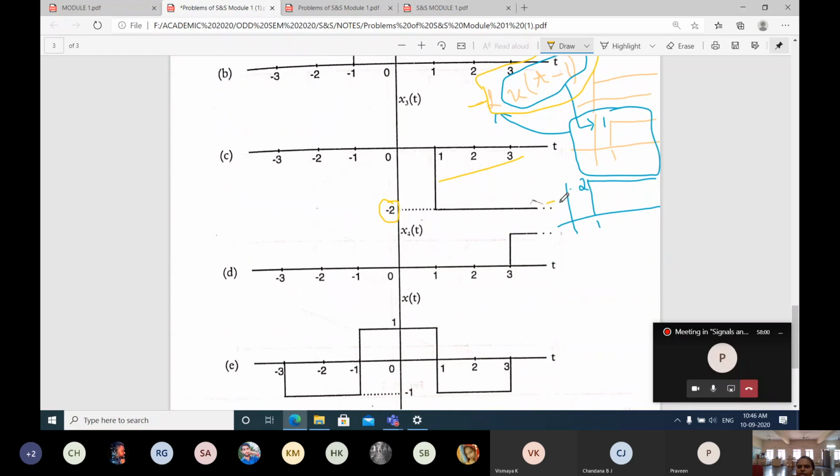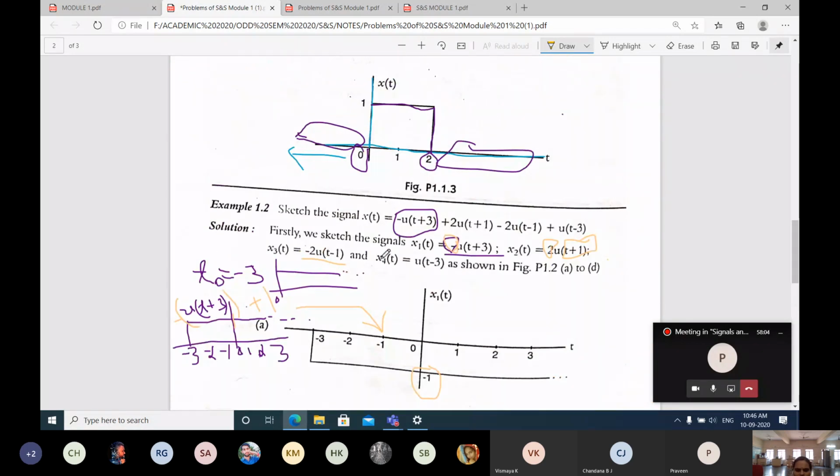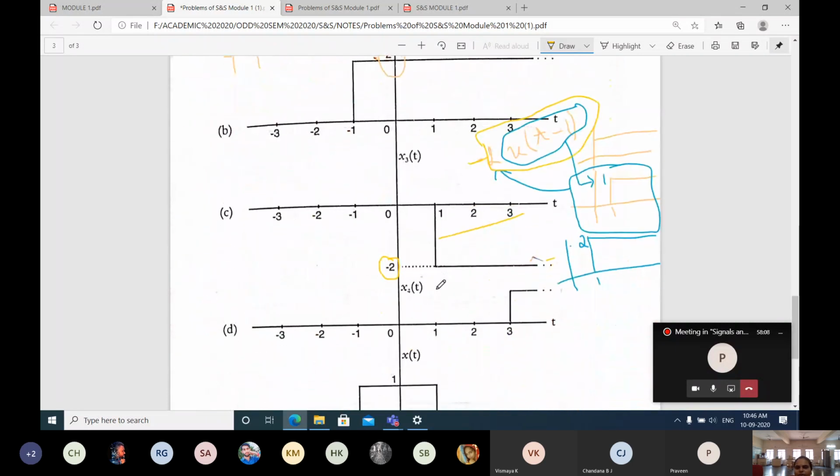Understood? Next, the last one is u of t minus 3. Only one function is given. That is u of t minus 3.